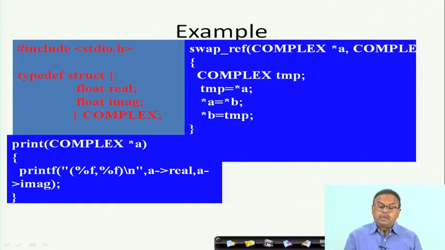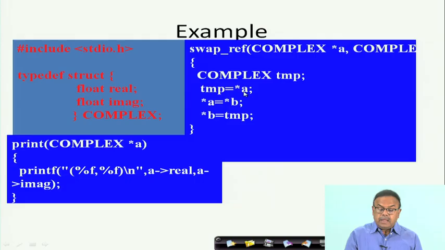So, now swap reference. I have got complex A and complex B. I am sorry, it is not being visible here. There are two pointers A and B to complex. So, there is TMP, I take another structure named TMP of type complex, and I swap the values here. That is what you can work out.